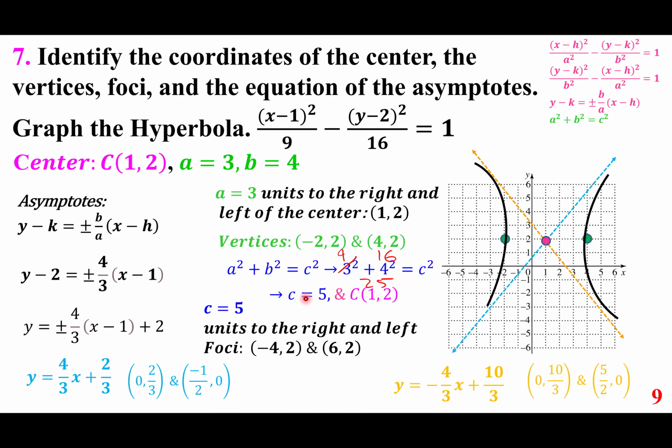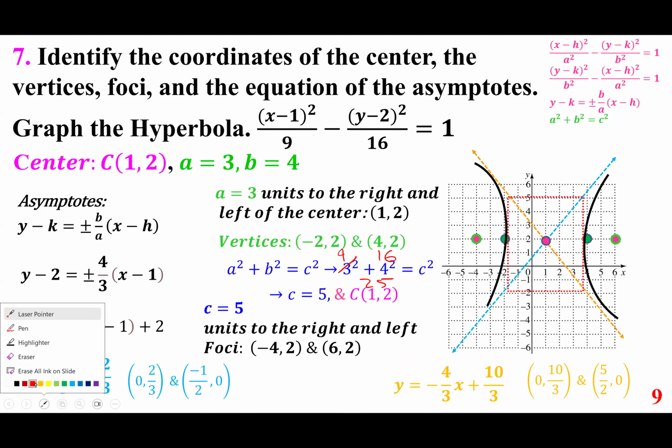So c equals 5 units to the right and left. Here are the foci. We are done, and this is the fundamental rectangle. Let me just write that. This is called the fundamental rectangle.